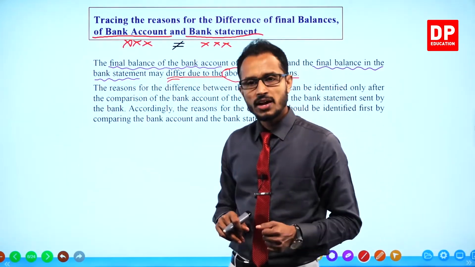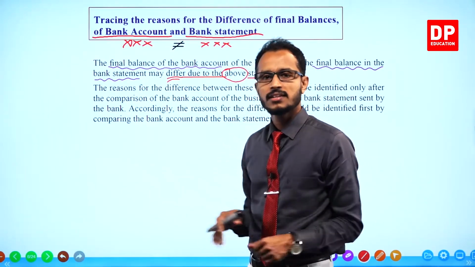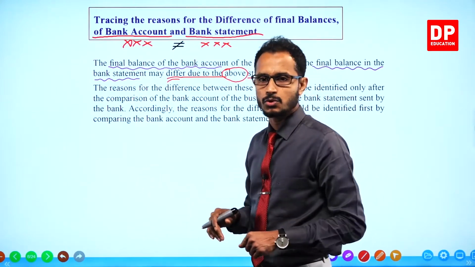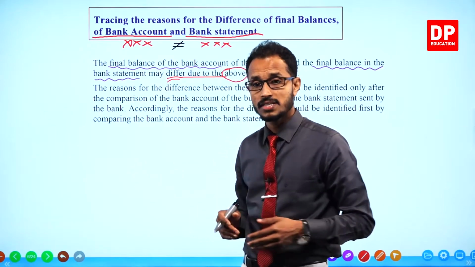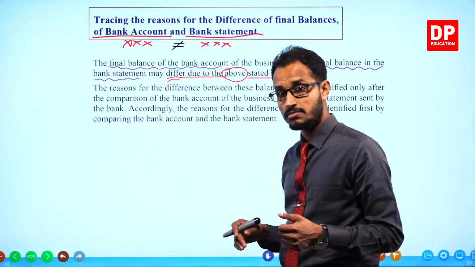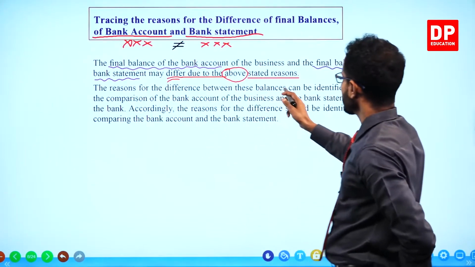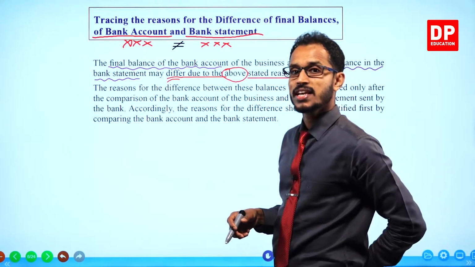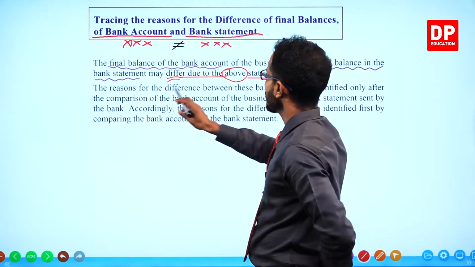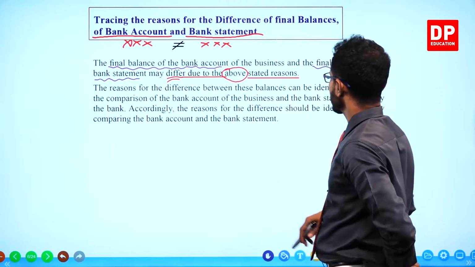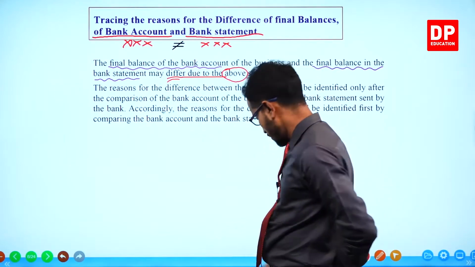And children, now we are going to trace out and correct those. That is what we do by saying that we are doing a bank reconciliation. The reasons for the difference between these balances can be traced out only after comparing the bank account of the business and the bank statement sent by the bank. Only by comparing.